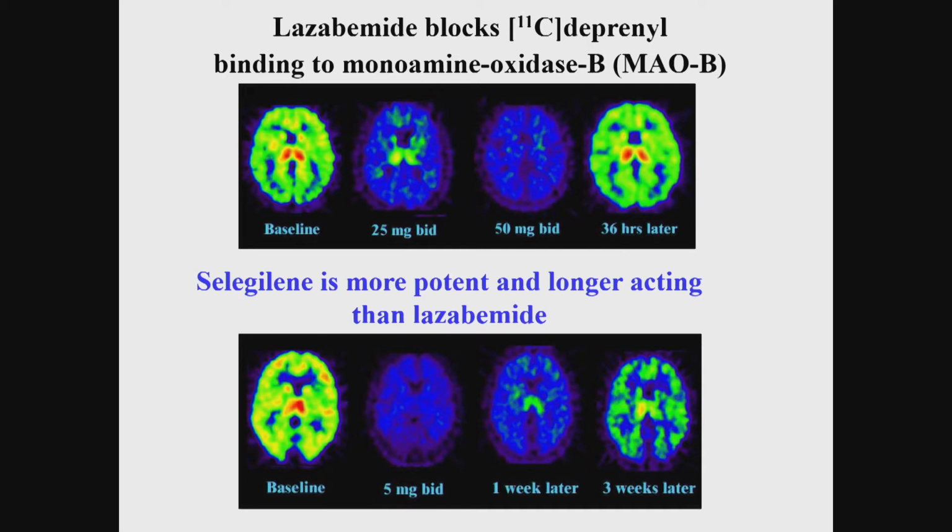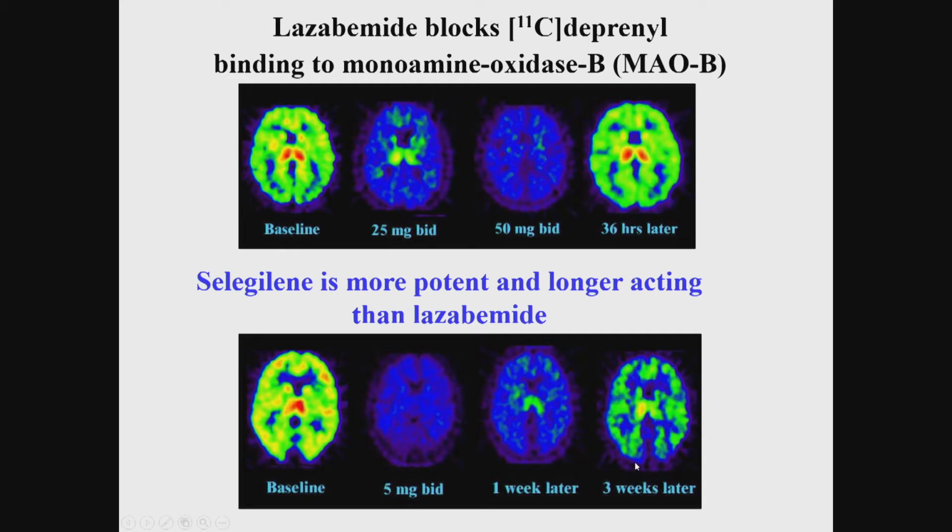You can see baseline here, and then 5 milligrams BID. Wow! So it's clear that selegiline is more potent than lazabamide because 5 milligrams did more than 25 did. But perhaps even more striking is the fact that this blockade of the enzyme appears to last for several weeks.